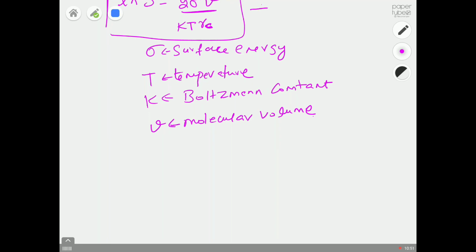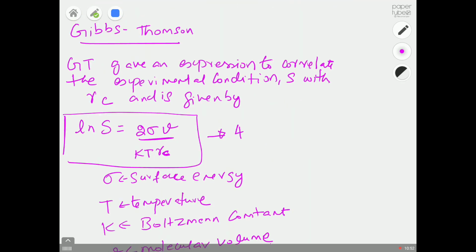So let's give this equation a number. Let's call it 4. Let me check what my equation numbers are. I lost track.